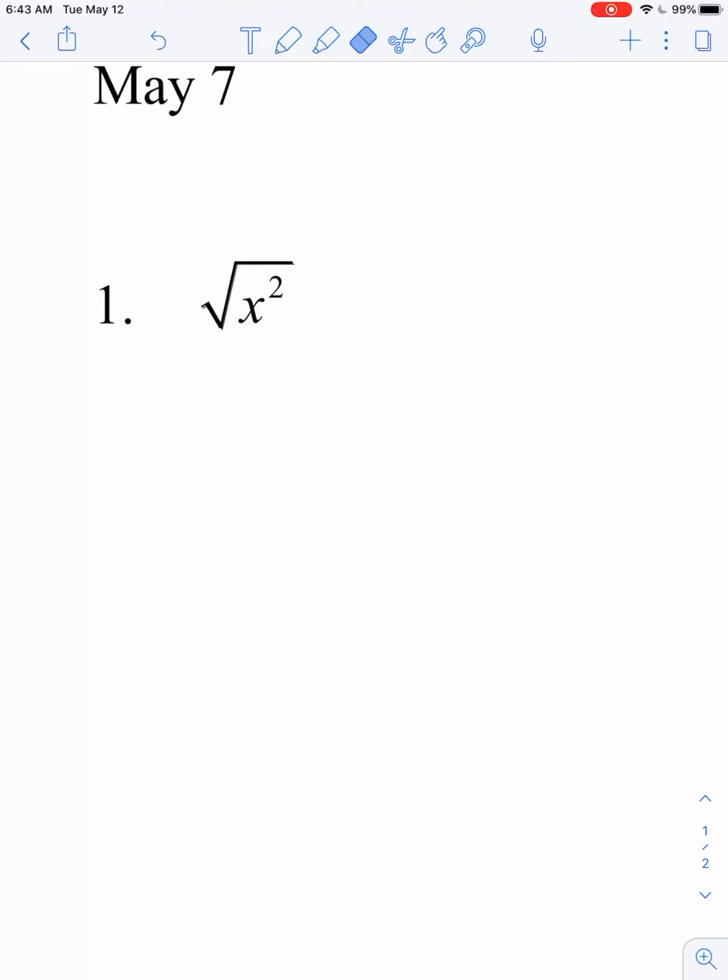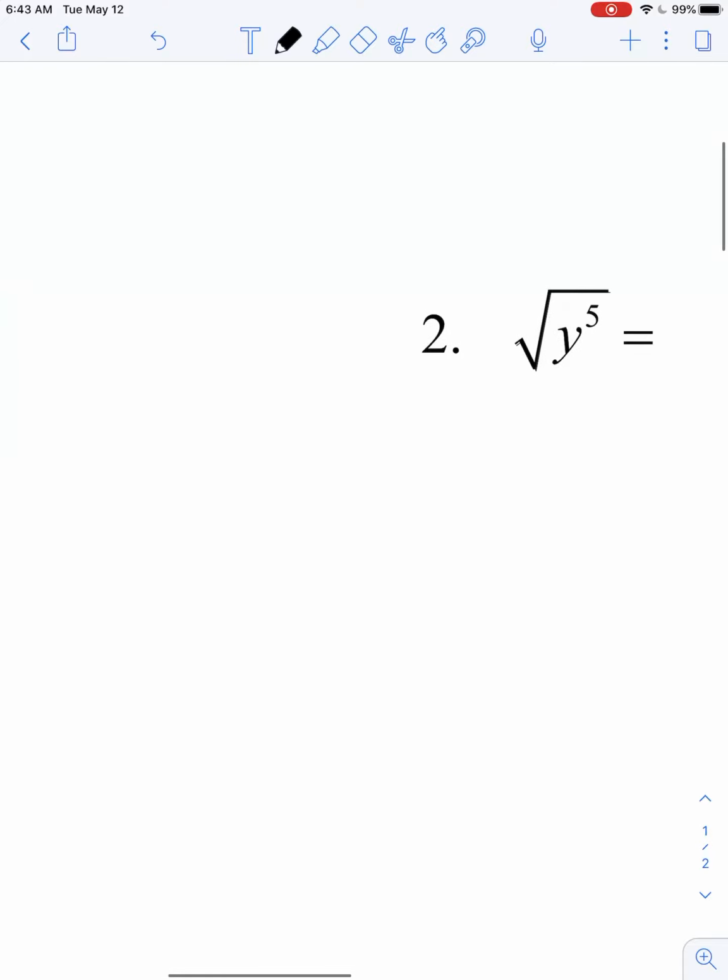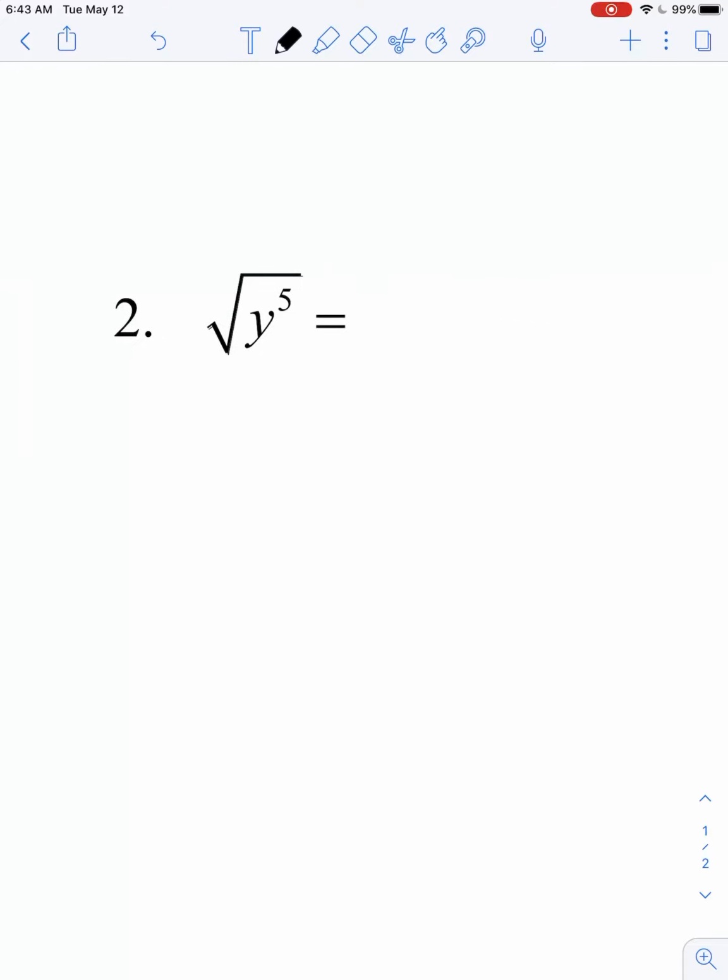So the square root of x squared is simply x. And you remember, why is it just x? Well, it is x to the first power, which is half of 2, but we don't write that. We just write x.